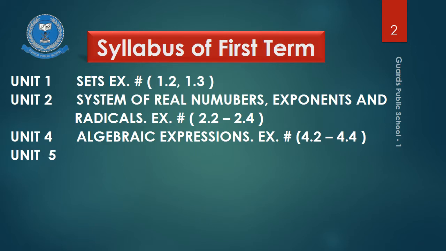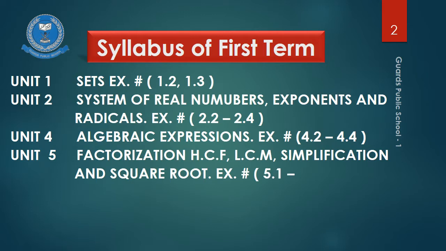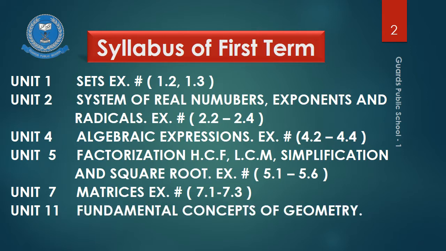Unit 5, Factorization, HCF, LCM, simplification and square root, exercise number 5.1 till 5.6. Unit 7, Matrices, exercise number 7.1 till 7.3, and last Unit 11, fundamental concepts of geometry.